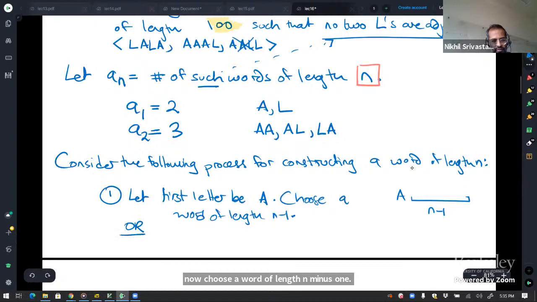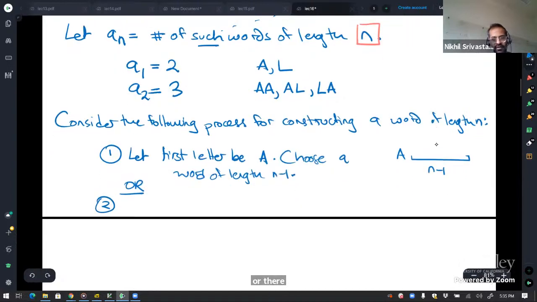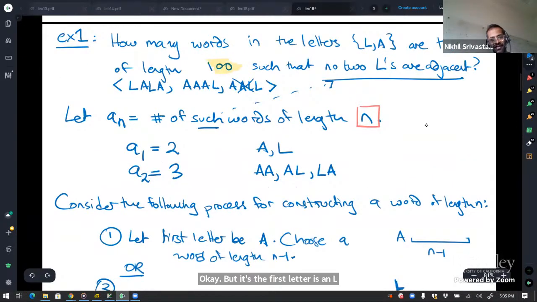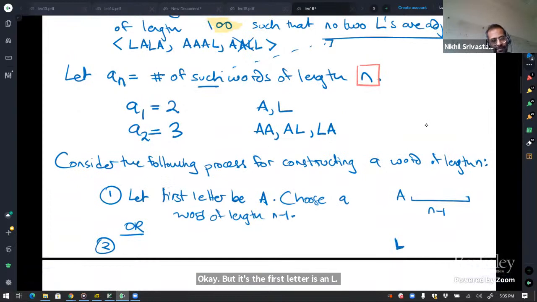Or there's a second option. The second option, the first letter is an L. But if the first letter is an L, what does the second letter have to be? It must be A, because you can't have LL.